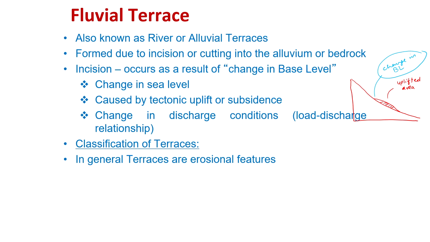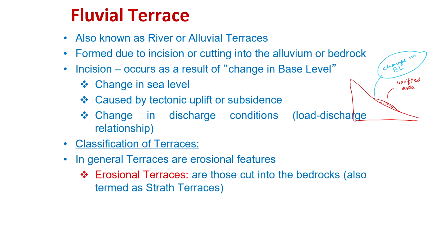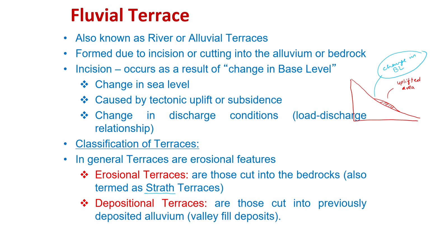In general, terraces are erosional features. Erosional terraces are those cut into the bedrock, also termed strath terraces. Then we have depositional terraces, which are those cut into previously deposited alluvium, what we call valley fill deposits.